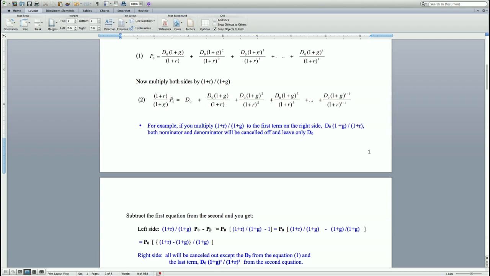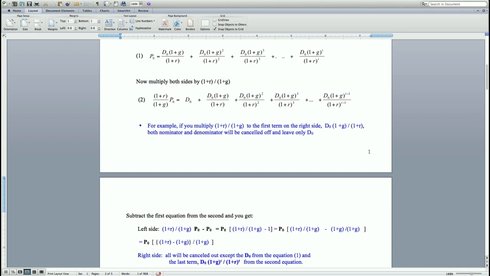Since both have P0, pull out this P0. Then the first term, we have 1 plus r over 1 plus g left, and the second term, minus 1. This is the same thing: if you distribute, P0 times this is the first one, and P0 times minus 1 is the second, minus P0.